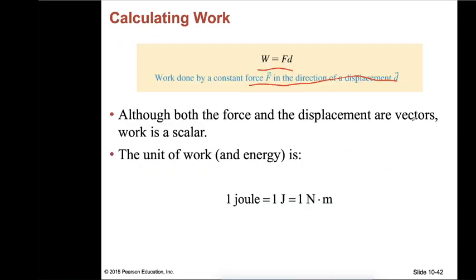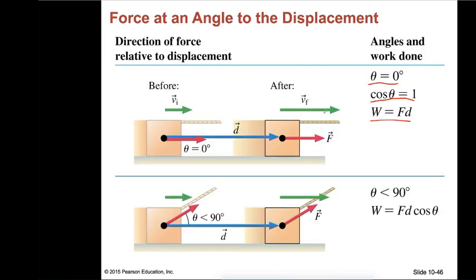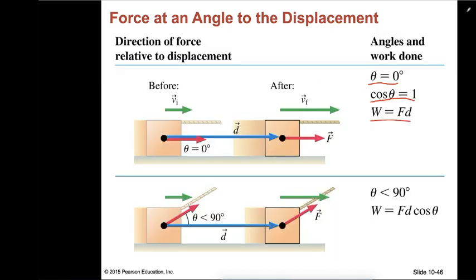This is the equation we learned earlier: when F and d are in the same direction, work simply equals F times d. So F times d is just a specific case of the general equation Fd cosine theta when theta is 0.